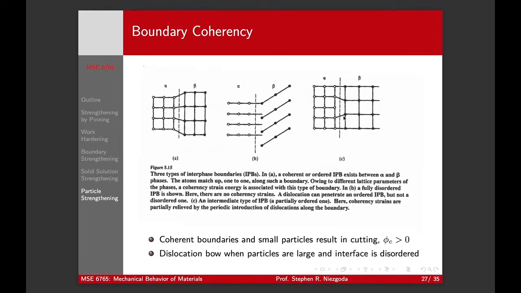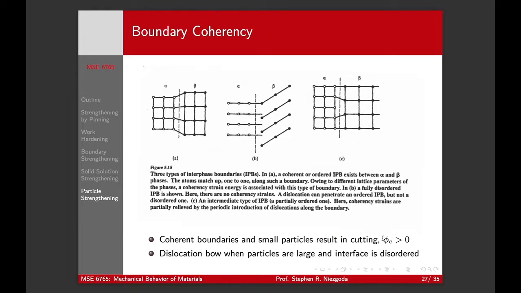Okay, so for coherent boundaries, when they're small particles, the dislocation can cut through, and they'll have a sigma critical greater than 0.